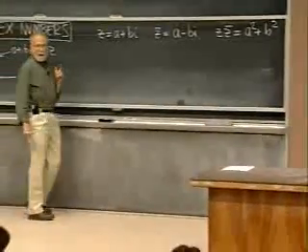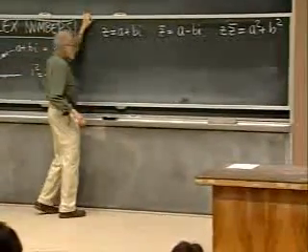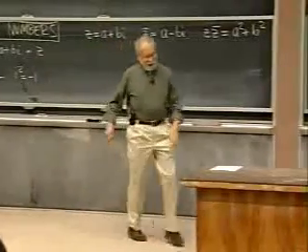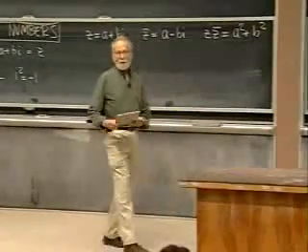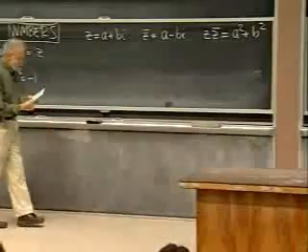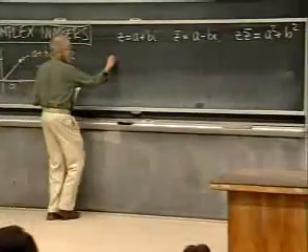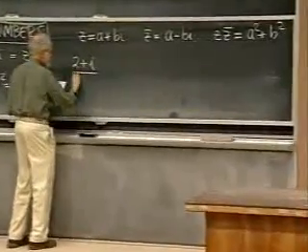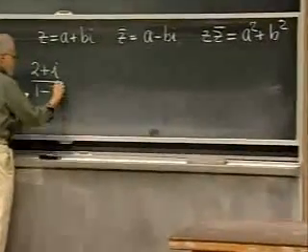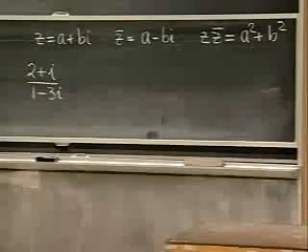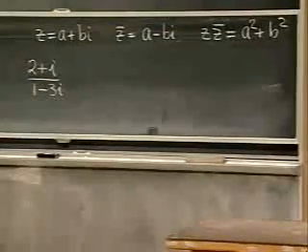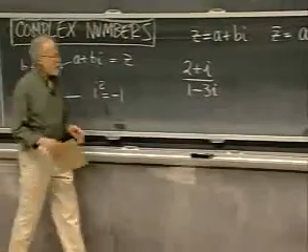And that's the trick that underlies division. Suppose, for example, we wanted to calculate (2 plus i) divided by (1 minus 3i). Calculate means I want to do the division and express the answer in the form a plus bi.